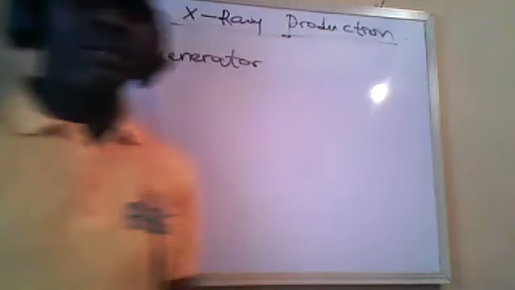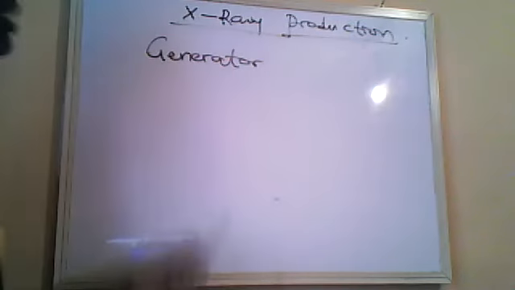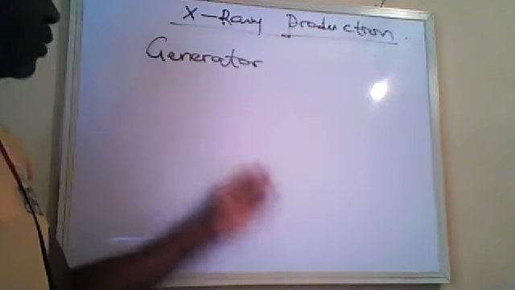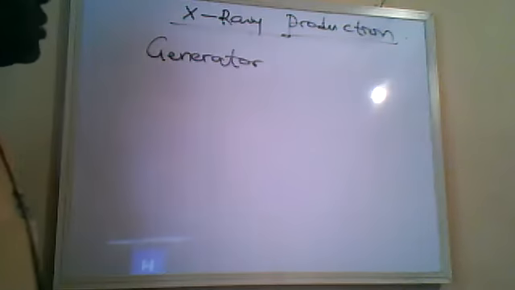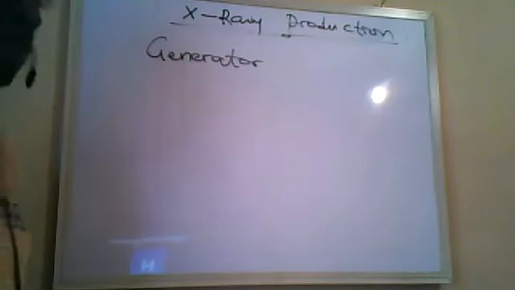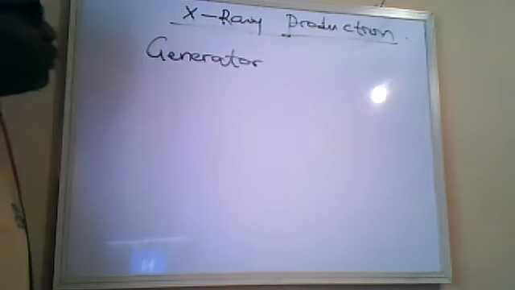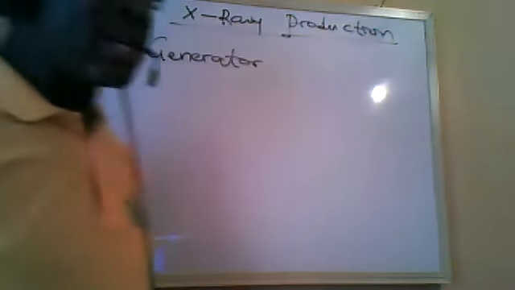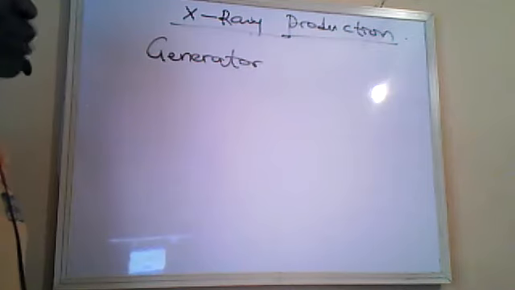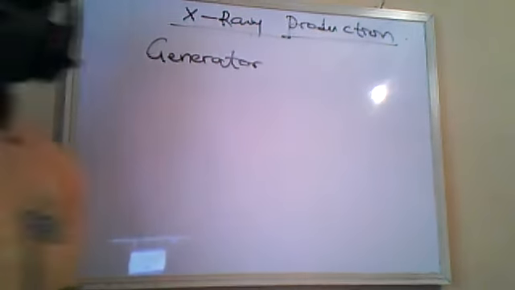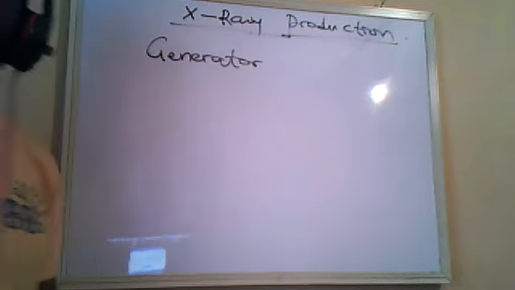We all know what a generator is. We don't want to go into the details, because that is not what we are here for. It's just for us to know that the generator is the component that gives energy, that empowers the X-ray tube.